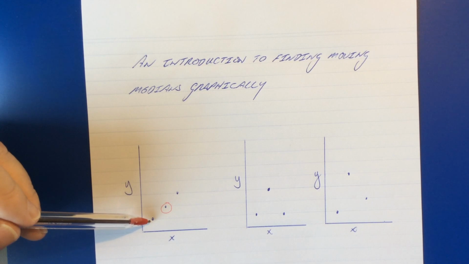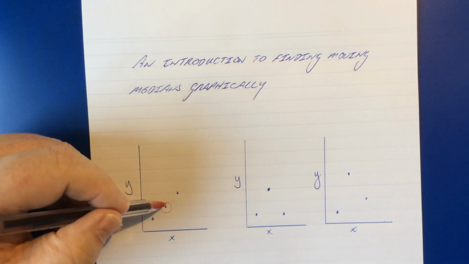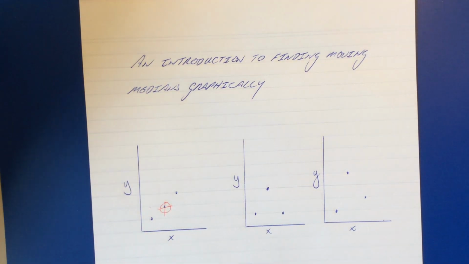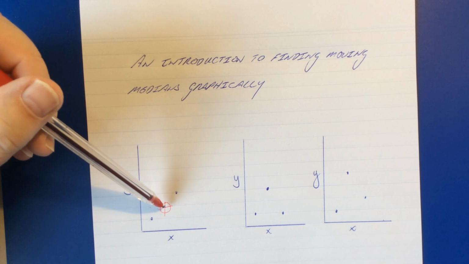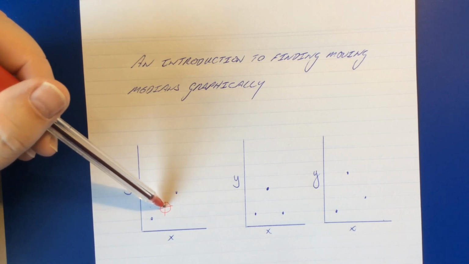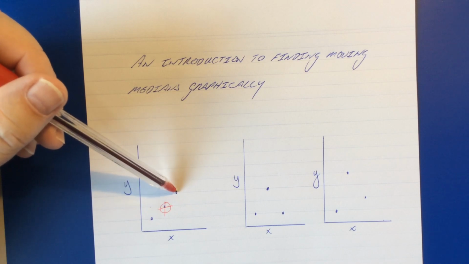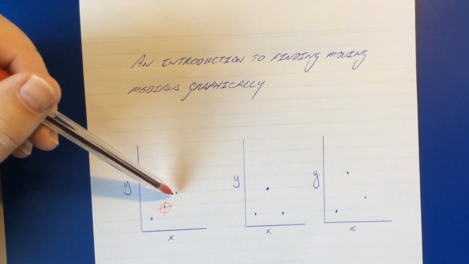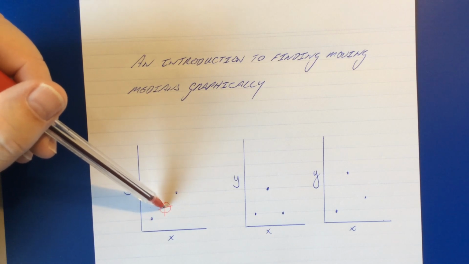Then we work up the y values and we take the middle value, and coincidentally and happily it turns out to be right on this point, as you would expect. I mean, this is a very straightforward piece of data. That is our first median point.